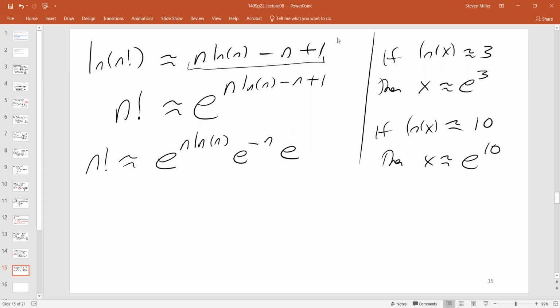The only one that's hard is e to the product. Well, if I want to deal with e to the product, then this is the same as e to the natural log of n to the nth power, e to the minus n times e. And I'm just using my product laws. What is e raised to the natural log of n?